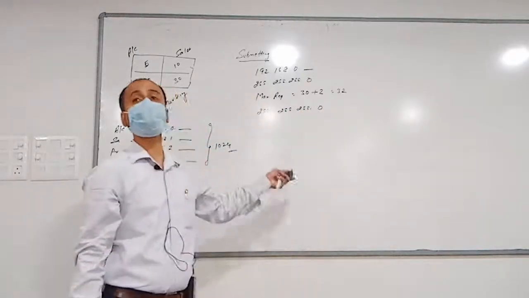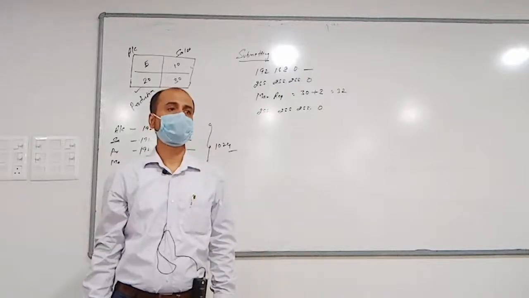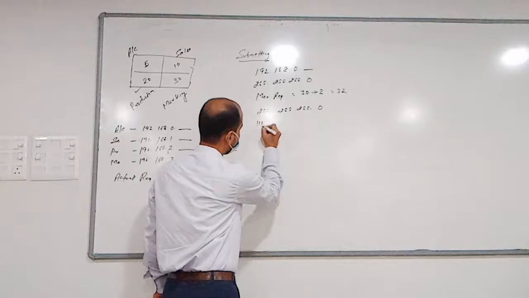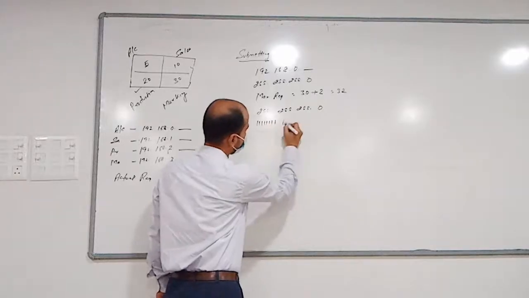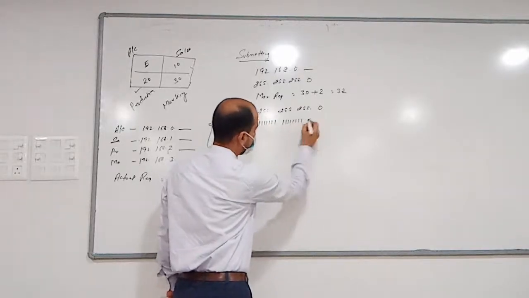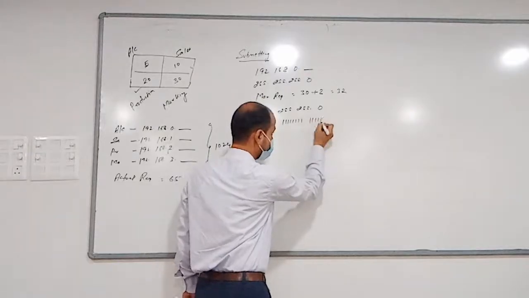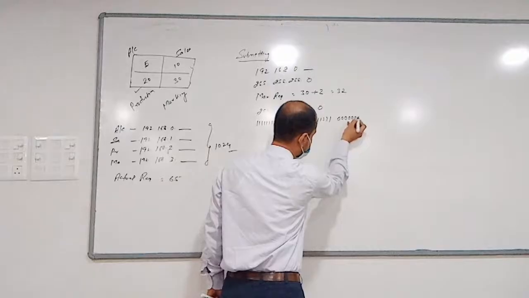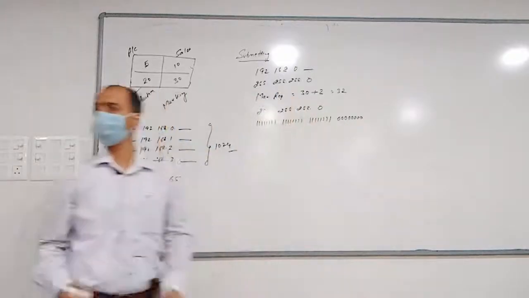If we convert it into binary, we have 8 ones, 8 ones, 8 ones, and 8 zeros.